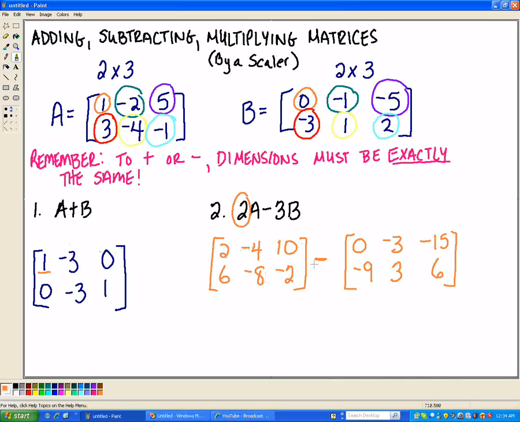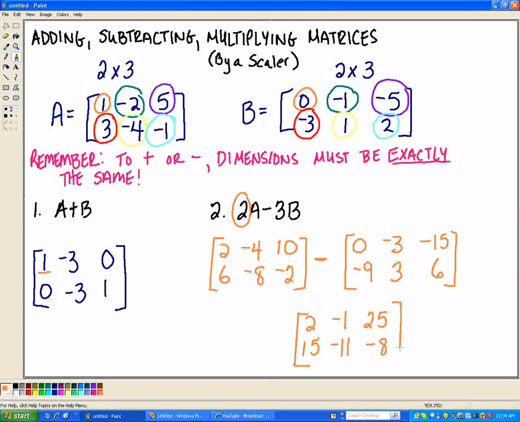So I have 2 minus 0, and I put that in the same spot. 2 minus 0 gives me 2. -4 minus -3, in other words -4 plus 3, gives me -1. 10 minus -15, or 10 plus 15, gives me 25. 6 minus -9, or 6 plus 9, gives me 15. -8 minus 3 gives me -11. And -2 minus 6 gives me -8.